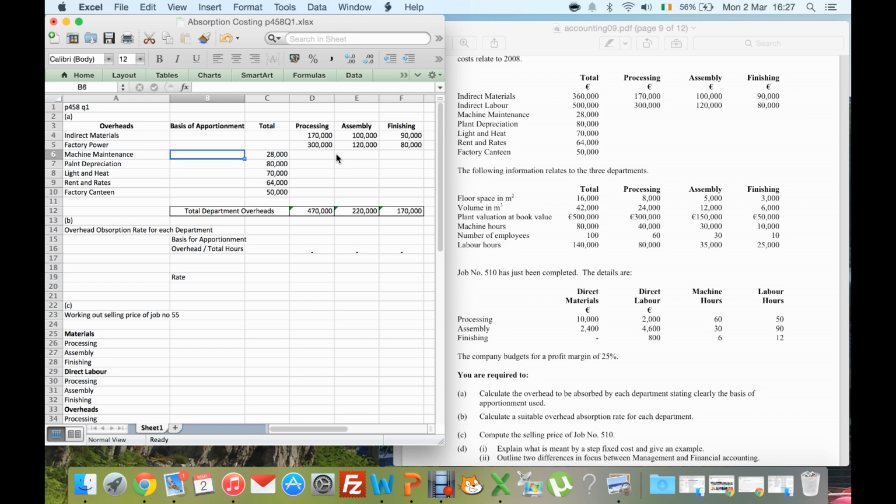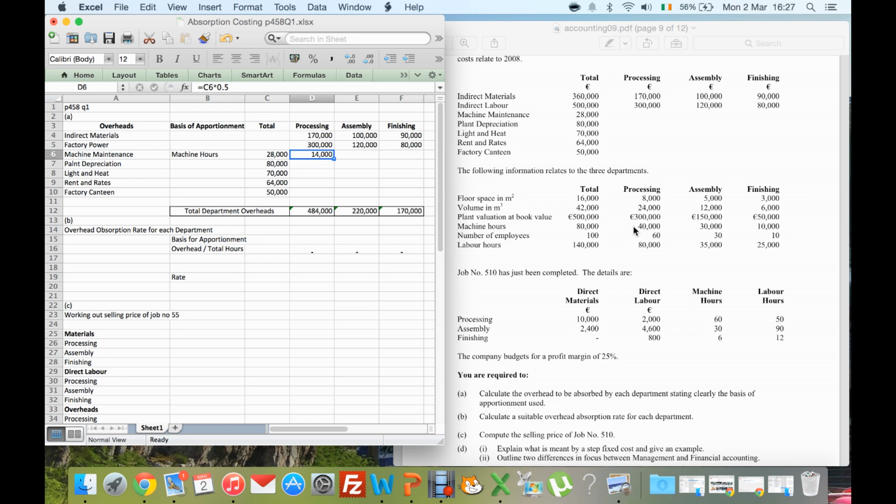So machine maintenance, well, based on the information I have here, I've got machine hours, so I might use that for my maintenance. So 40 out of 80, so that's half of the 28 grand is going to go to processing.